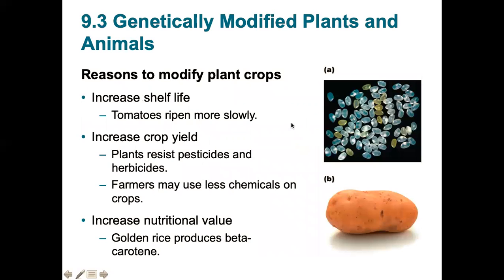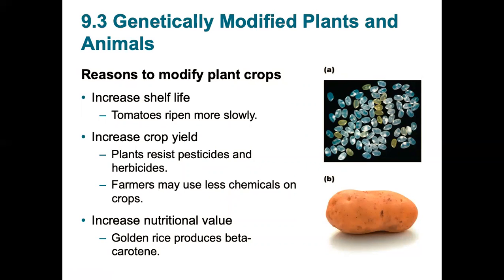When I was at Michigan State looking for what kind of graduate program I wanted to get into for microbiology, one of the professors was instrumental in developing golden rice. Rice in general, non-genetically modified rice, doesn't have a lot of nutritional value.